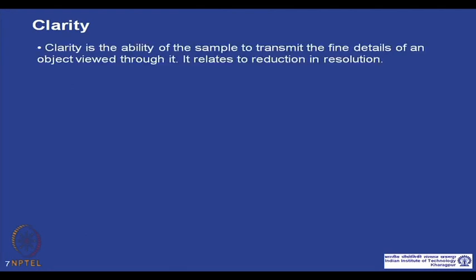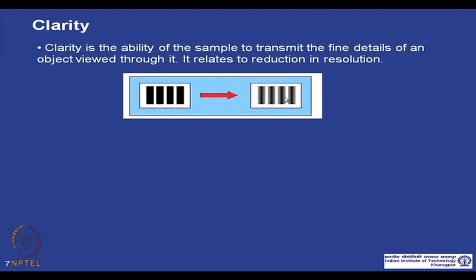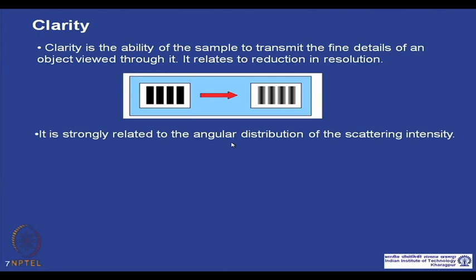What is clarity? Clarity is the ability of the sample to transmit the fine details of an object viewed through it. It is basically a resolution, how good a resolution you can get when viewing through a plastic material. So, if the clarity is less, then the resolution will come down.